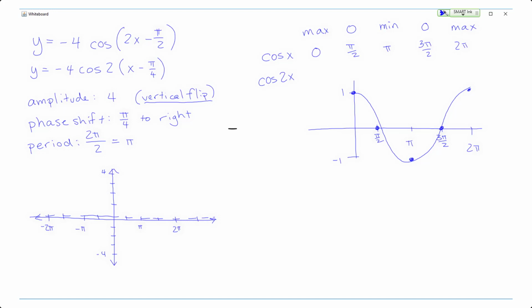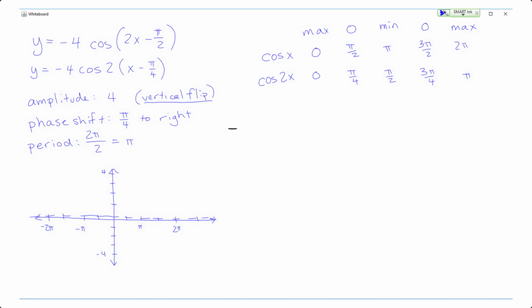This makes it so everything happens by pi. So not only does the 2 pi get divided by 2, but all the other points do as well. So I have 0, pi over 4, pi over 2, 3 pi over 4, and pi. So my wave has to kind of finish in those units instead.